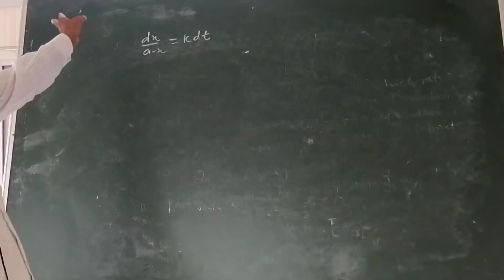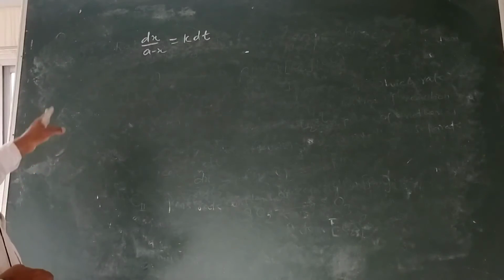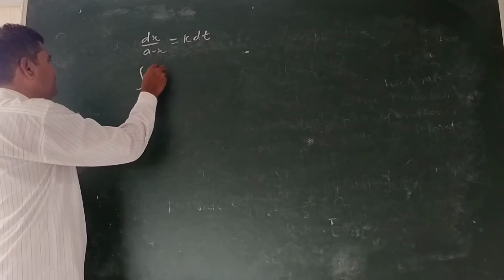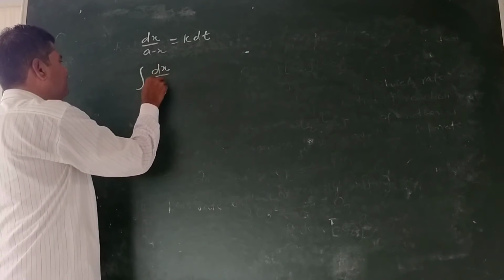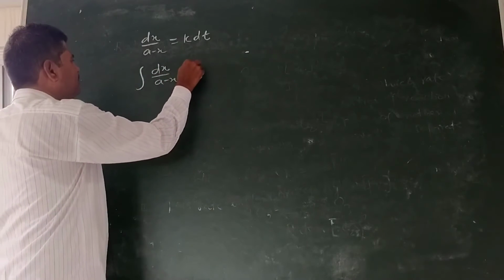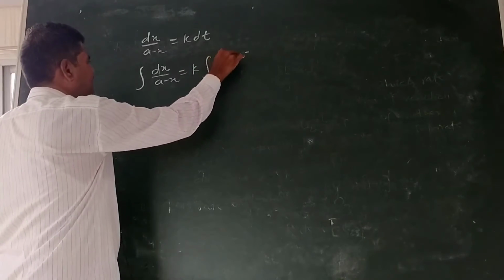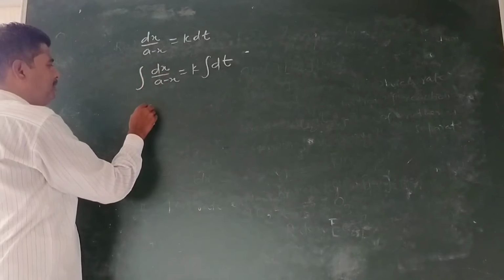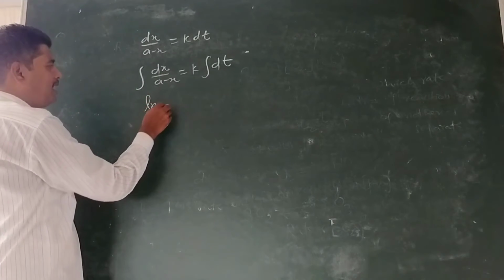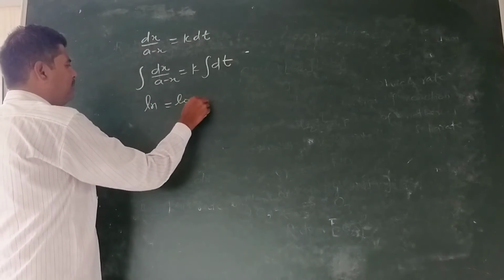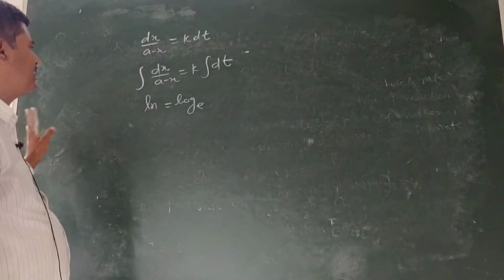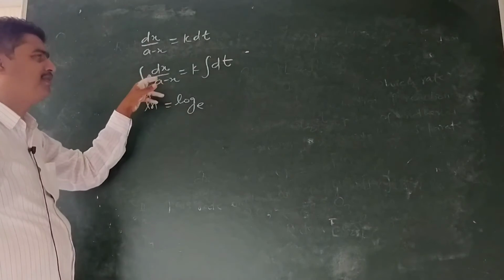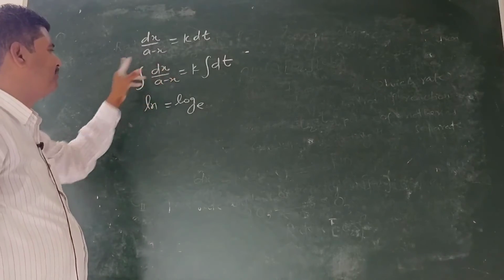On integrating the above equation, we will get integration of dx upon A minus x is equal to k integration of dt. This will be equal to ln. Ln means log on the base e. So we will write either ln or log on the base e for this value.